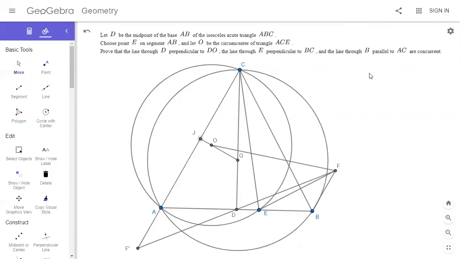Yeah, so I like Timo's idea because I like how F prime, A, and C are collinear. So I'm just trying to see where we go from there.